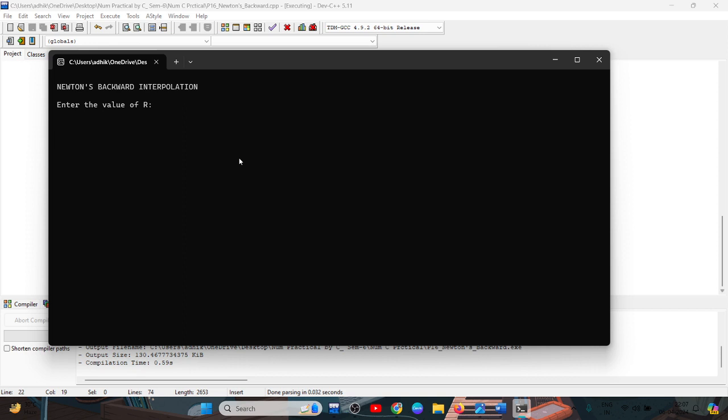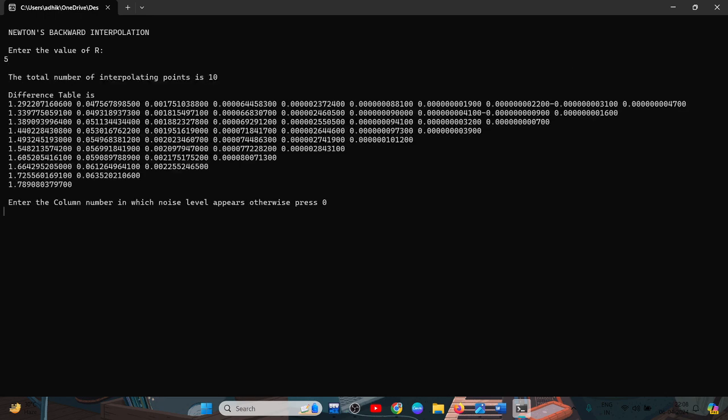Enter the value of n, put here 5, then enter the value of r. This is the difference table: y0, y1, y2 in the first column gives f(xi), and the next columns are the first order difference delta y, delta 2y, delta 3y, delta 4y, delta 5y, delta 6y, delta 7y, delta 8y, delta 9y.